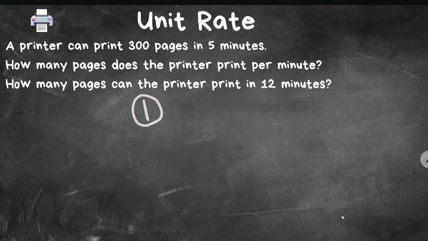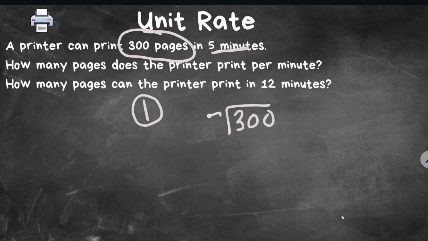So it's asking for the unit rate of the printer in terms of how many pages it can print in a minute. You know that it prints 300 pages in 5 minutes. So if we just divide 300 by 5, that will give us the rate per minute. So 5 goes into 30, 6 times 5 is 30. 30 minus 30 is 0.